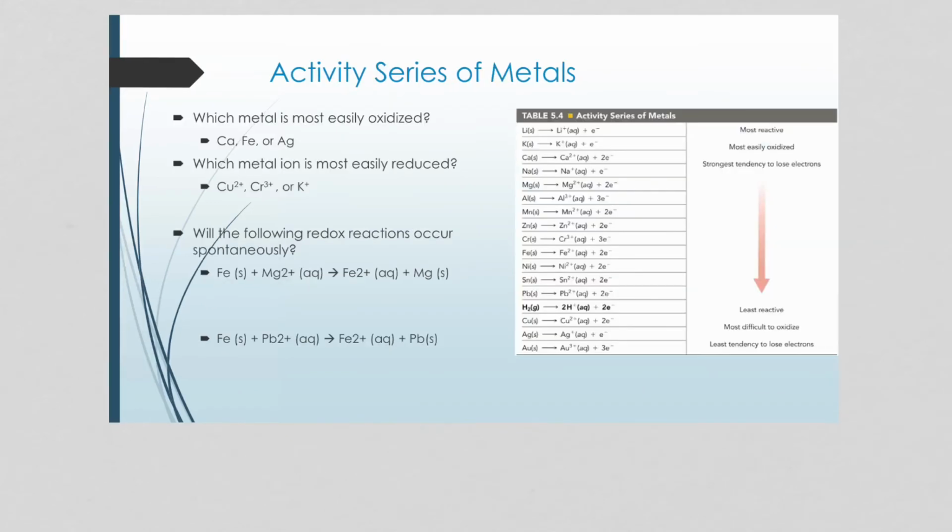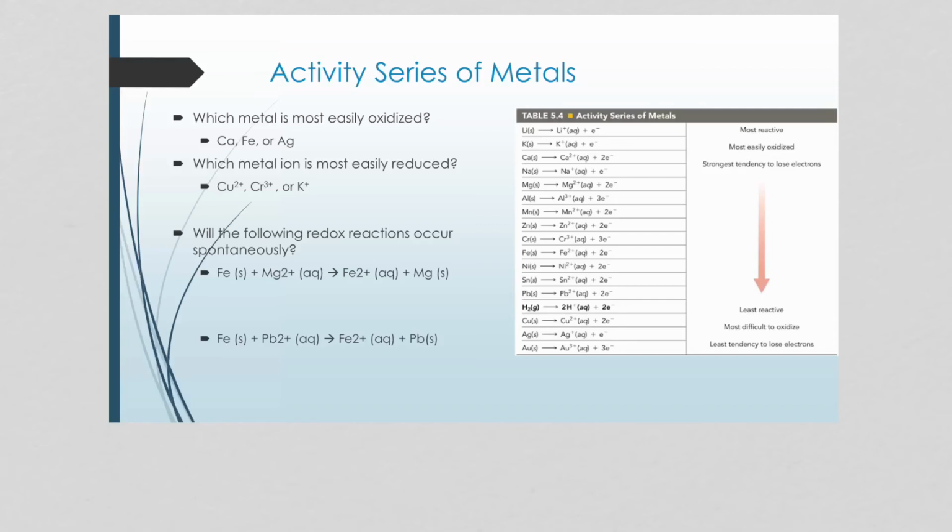Now to do this, we're going to look at what's called the activity series of metals. Essentially what this does is rank metals by how easily they undergo oxidation. So metals, as we learned when we looked at the periodic table, like to form positive charges, right? That's how they become stabilized, like a noble gas, etc. That's what they will do, but some like to do it more than others.